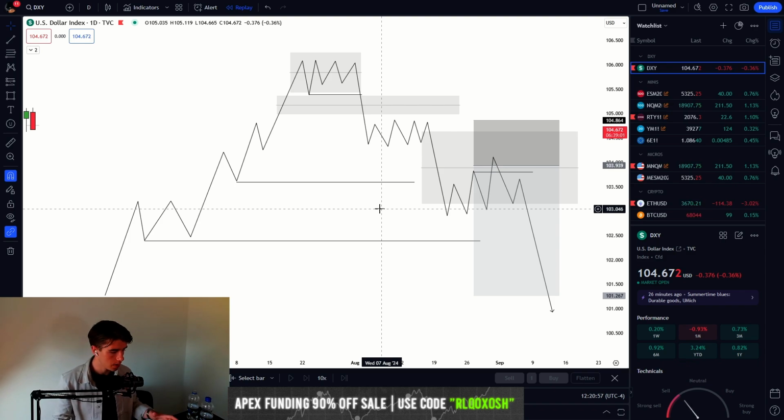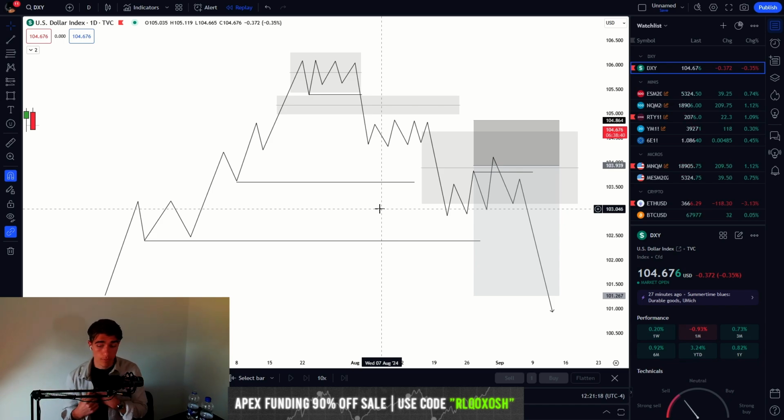And now what is a measuring gap? Well, a measuring gap is when we have an imbalance, it doesn't have to be large, but an imbalance, right? And we respect the consequent encroachment of that imbalance, meaning that we do not fill the entire imbalance. That's the idea behind a measuring gap. And that's something that you will often see with market maker models.